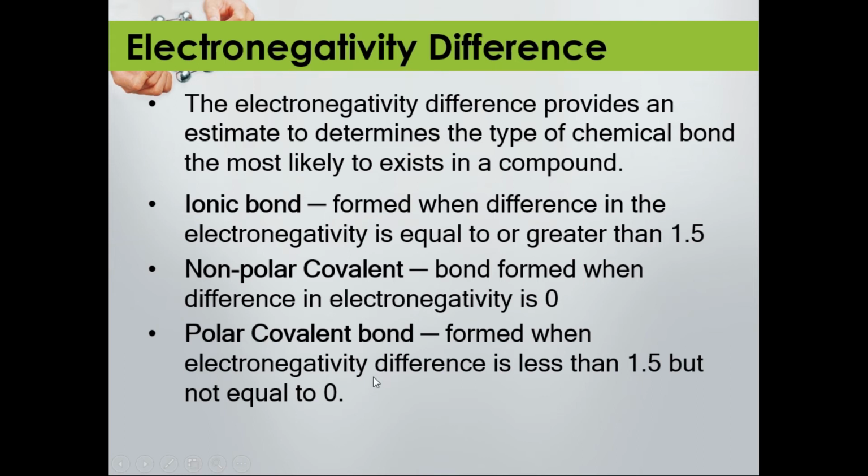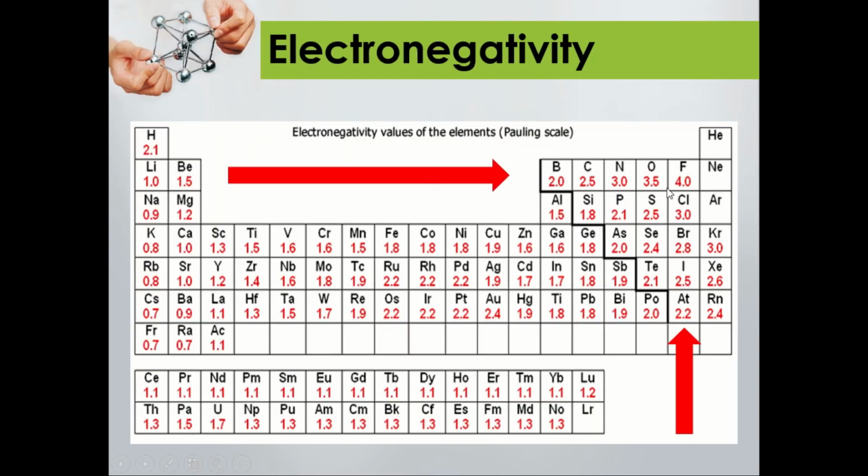Now for the polar covalent bond, let's say we have an example: hydrogen bonded to oxygen in a water molecule, and we are trying to find what type of bond happened between hydrogen and oxygen. Hydrogen is 2.1, oxygen is 3.5.